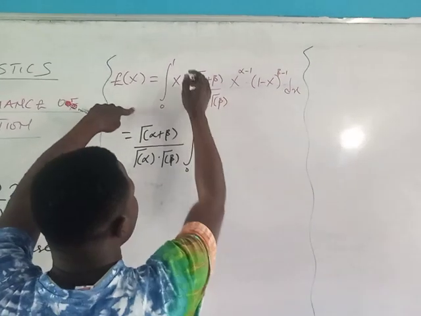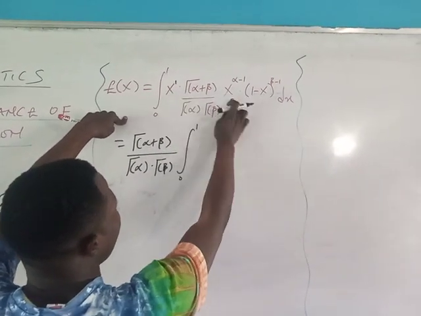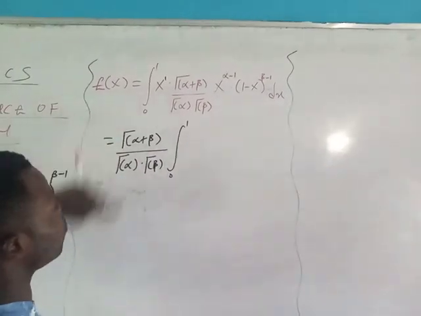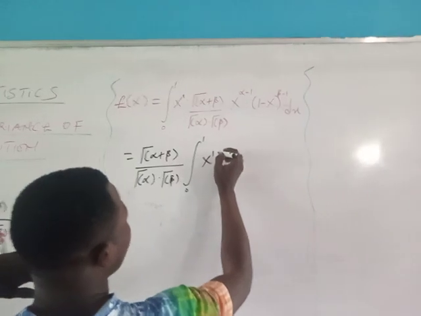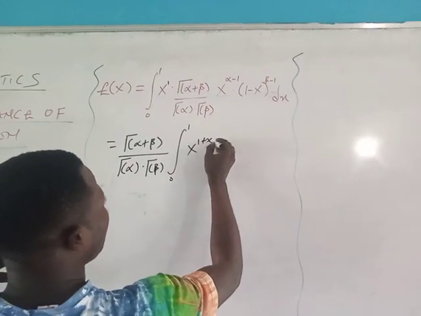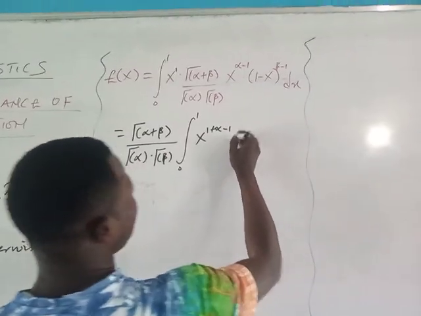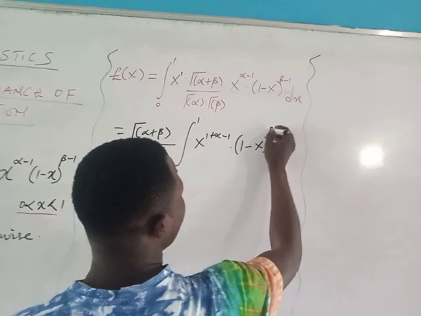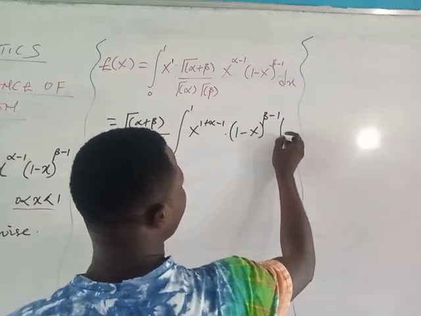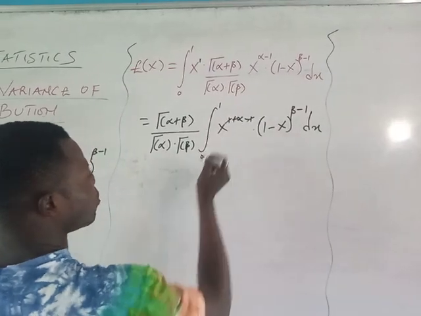This x is raised to the power of 1, so if we apply the law of indices, we are going to have x raised to the power of 1 plus alpha minus 1, then times 1 minus x raised to the power of beta minus 1 with respect to x, and we cancel this.